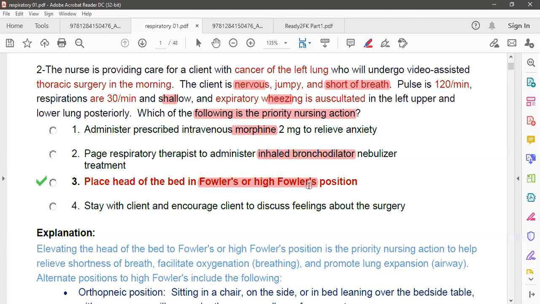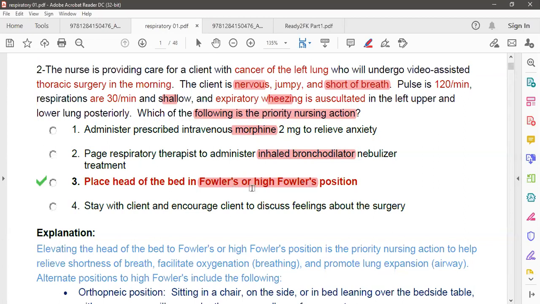When you keep the patient in a good position like Fowler or high Fowler, their chest will expand maximally, or an orthopneic posture or tripod posture, all are important for the patient. The examiner is asking which is the most important priority. What do you do first? It will not take time.